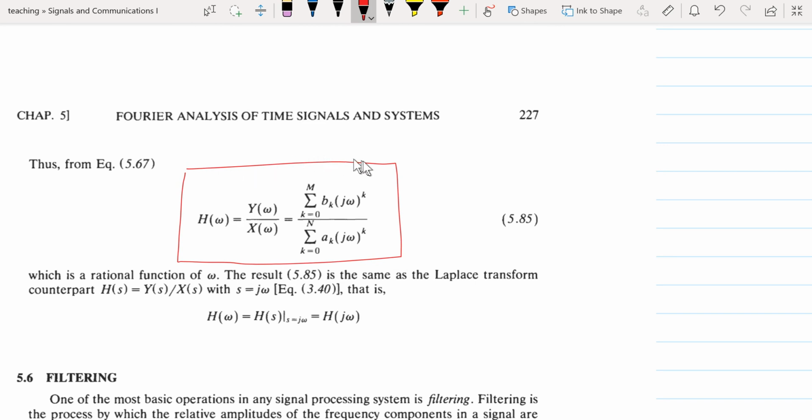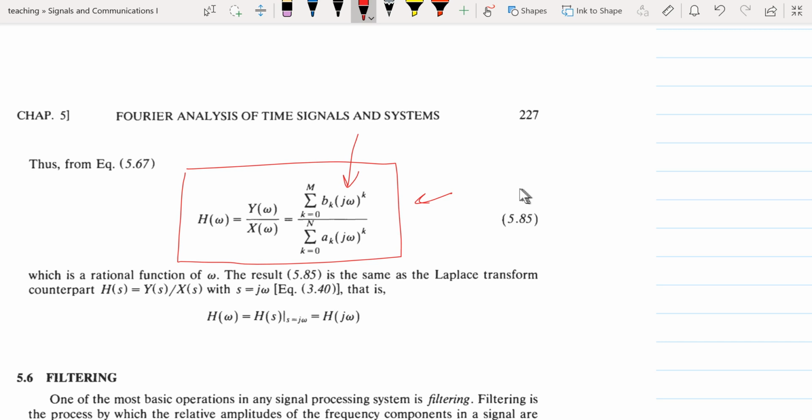that is described by a linear constant coefficient differential equation as expressed in the frequency domain, as seen in equation 5.85. And we can see that this is a rational function of omega. So the constants bk and ak now multiply powers of omega, and we are saying that this is a rational function.